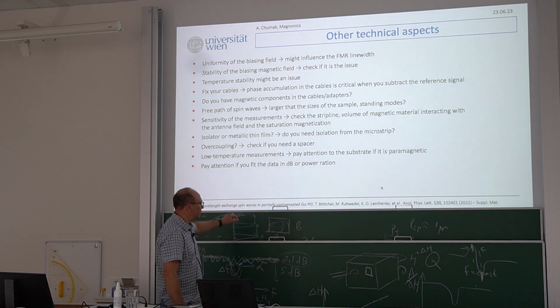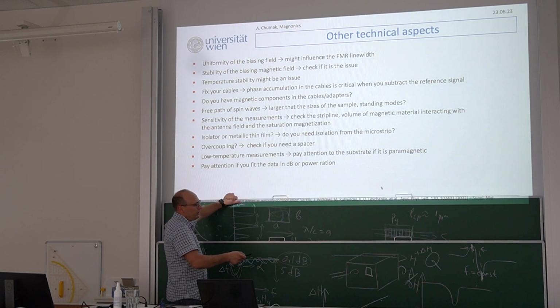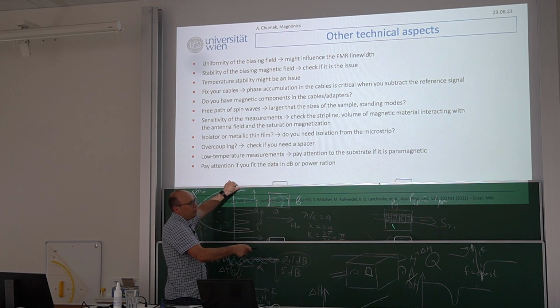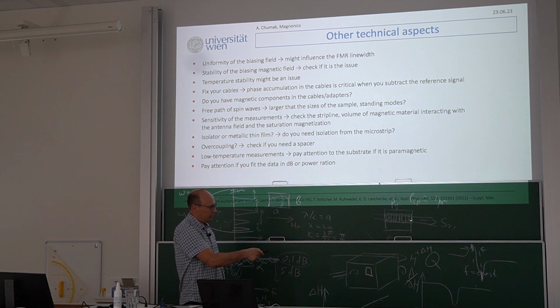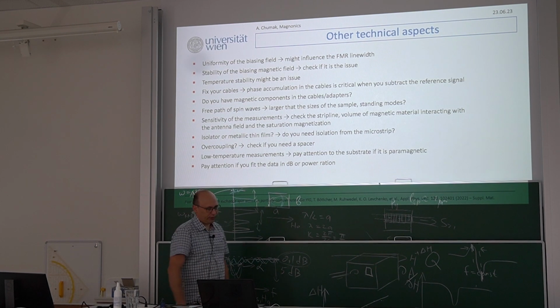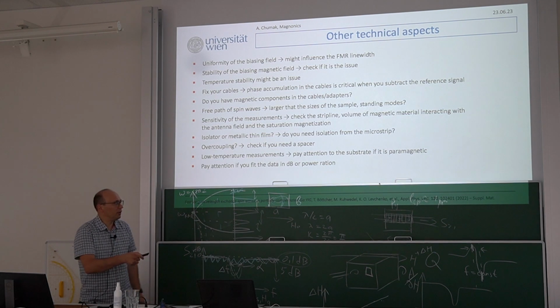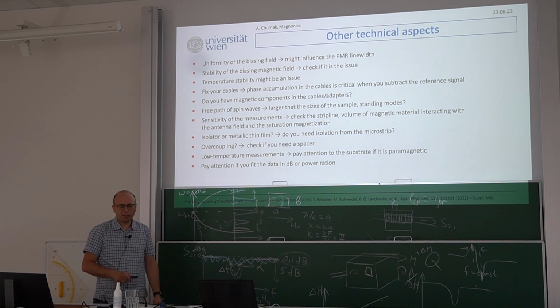Also keep in mind, because you have this microstrip and it's metal, and then you put the sample on top. It means that at this part your sample is metallized and the rest is free. And some samples like permalloy, it's metal, then you also will have an electric contact here and so on.